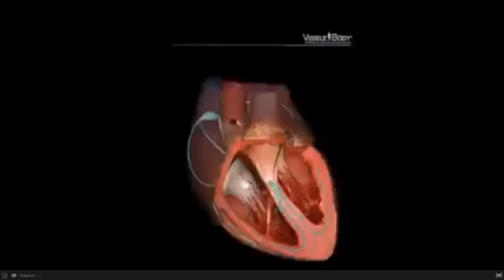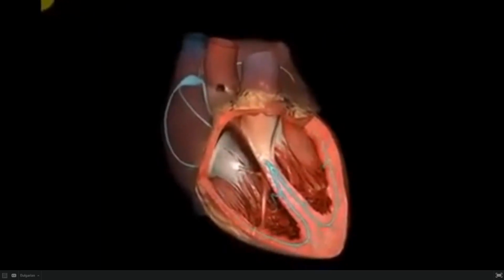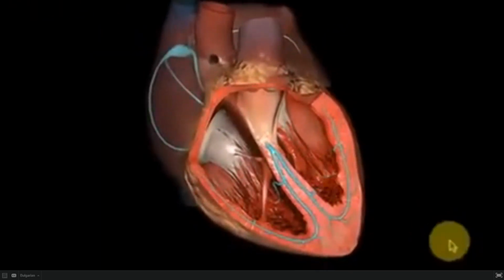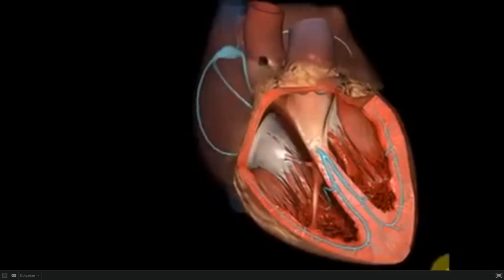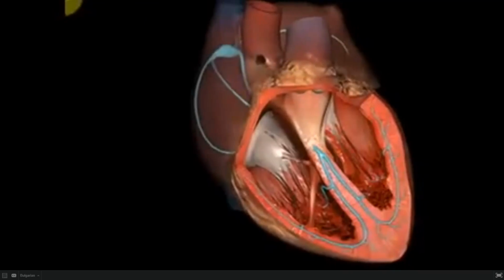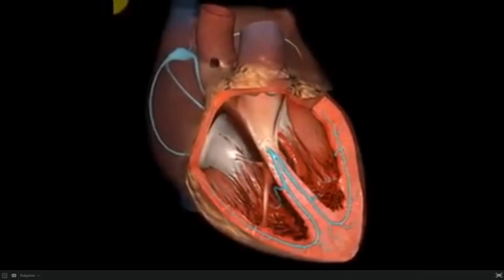Then we go to picture number 6. I just tried to give you a simple anatomy explanation.